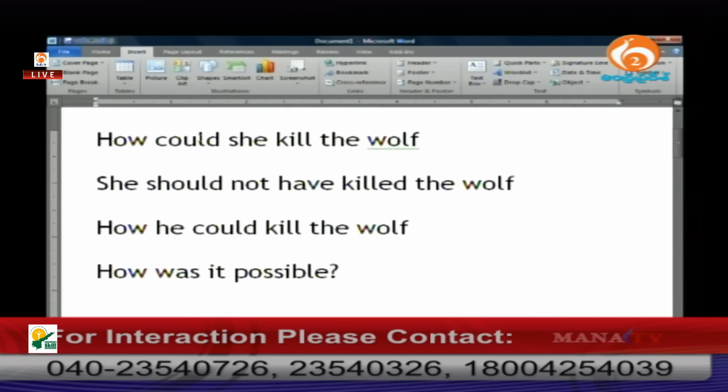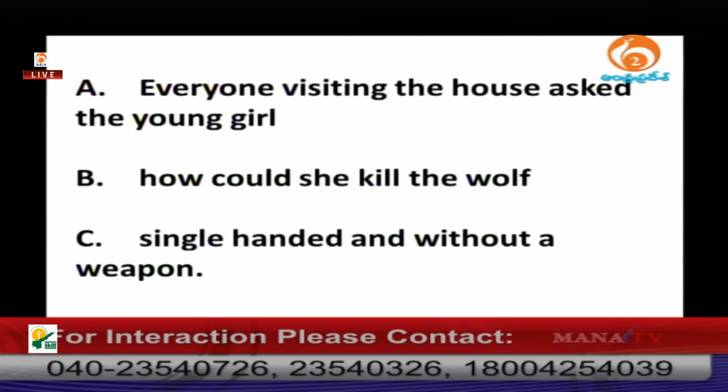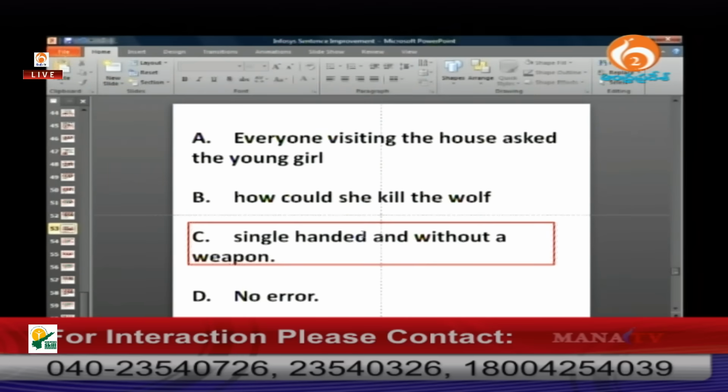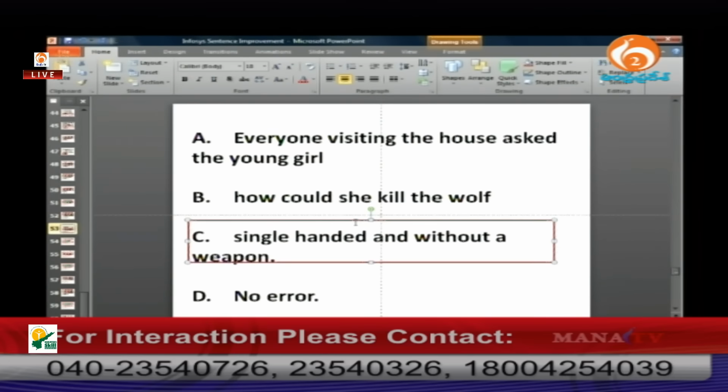So what I am doing, just the could word I am bringing after she and I am making sense of it. Same thing is happening here. When I am using how could she kill the wolf, it means she should not have. How she could kill the wolf means how was it possible, because that is the context of this entire statement. Everyone visiting the house asked the young girl how she could kill the wolf single-handed and without a weapon.